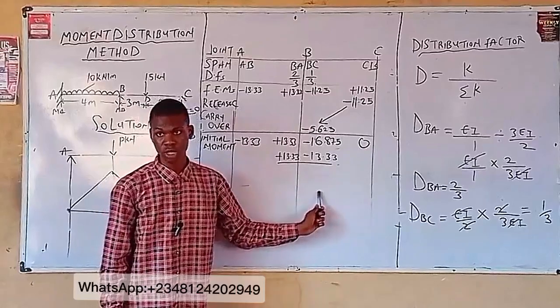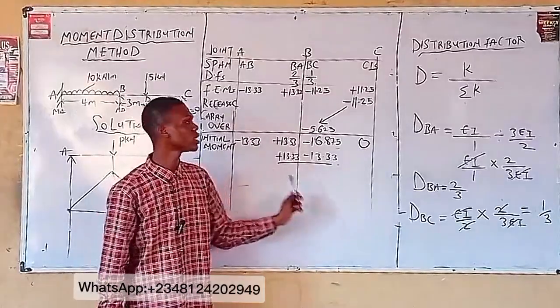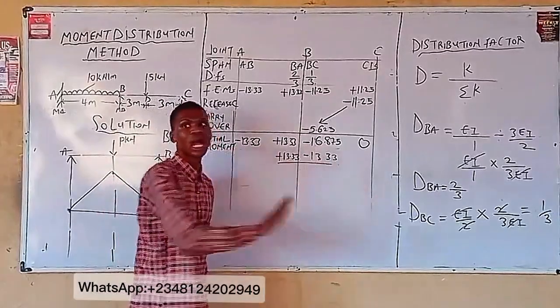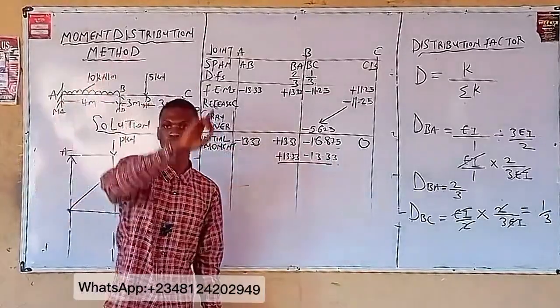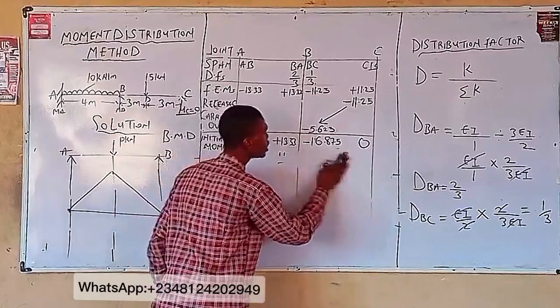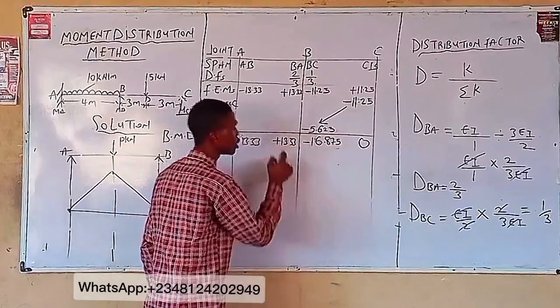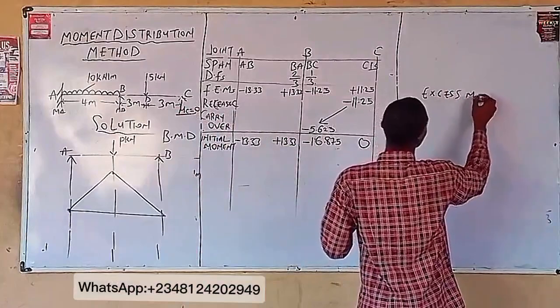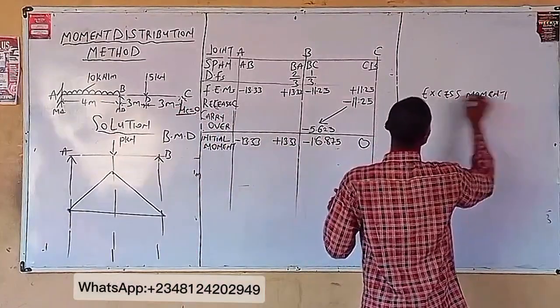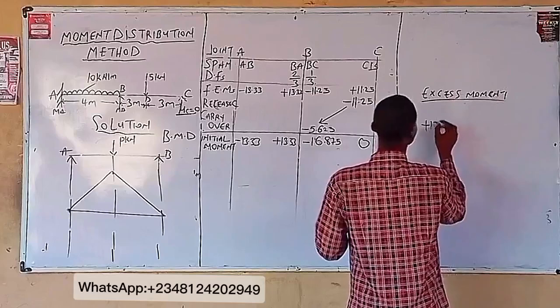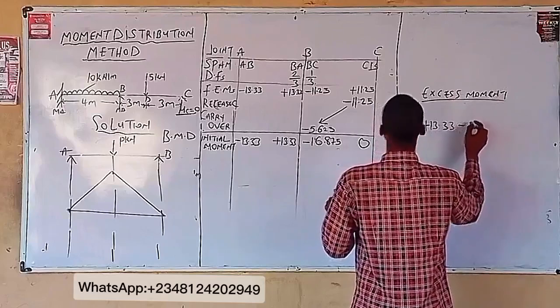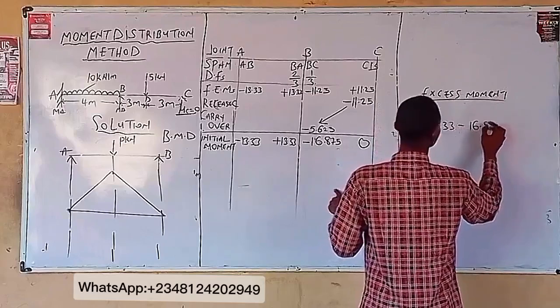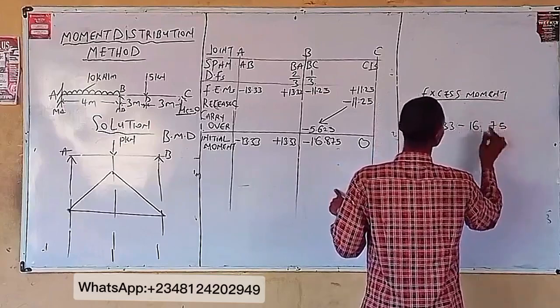Any answer you have from here becomes the value of the moment at each support. But in this case, when you subtract, what's the answer? Excess moment, that's positive 13.33 minus 16.875, and this equals what?